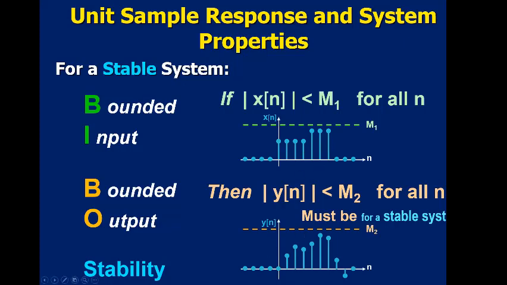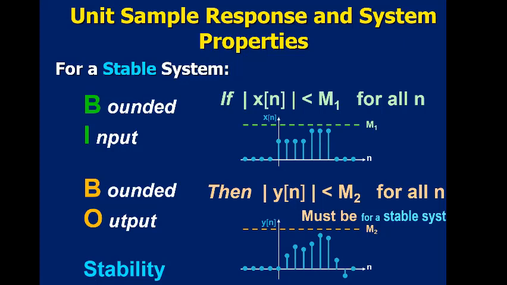It has to likewise have the absolute values of all of its sample values less than some finite boundary. Now, this boundary M2 on our output doesn't have to be smaller than the input one. It could be bigger, but as long as there is a finite level that's a boundary for all the output sample values, then we consider the system stable. So it can create some really huge values, but as long as it turns around again and doesn't exceed that limit, then it's a bounded input, bounded output stable system.